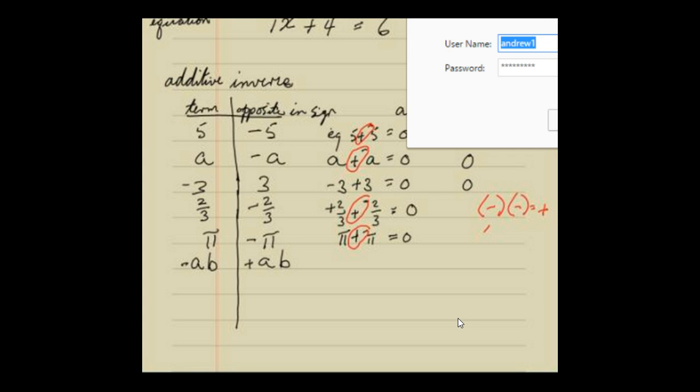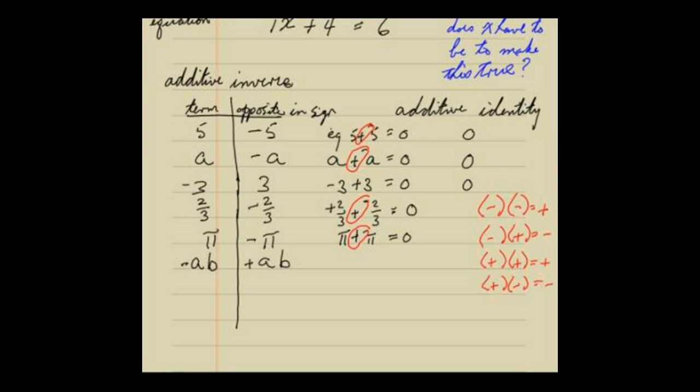A minus beside a plus gives a minus. A plus beside a plus gives a plus. A plus beside a minus gives a minus. A term is juxtaposed to another if there is nothing in between. Notice this only operates for multiplication and division. We'll learn more about that in the future.